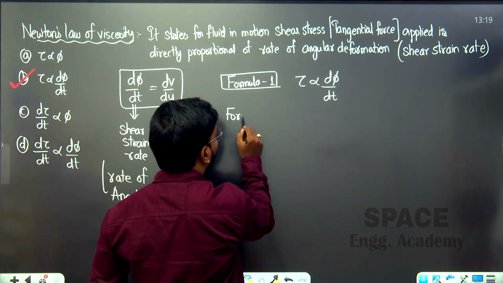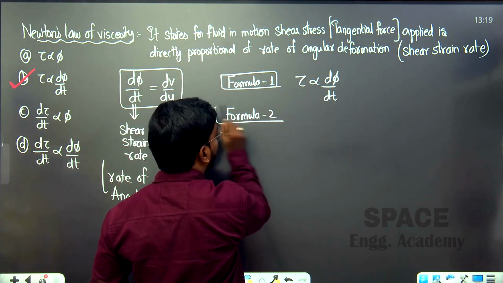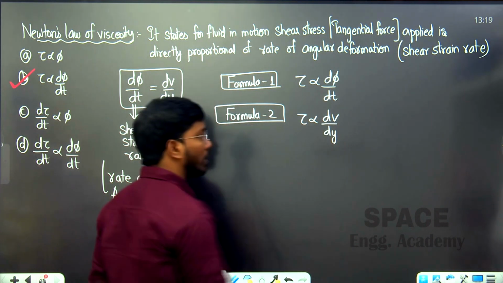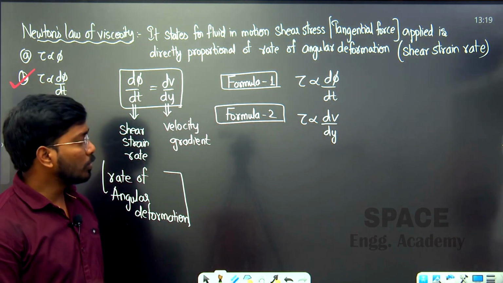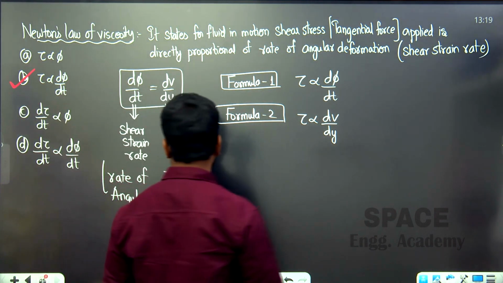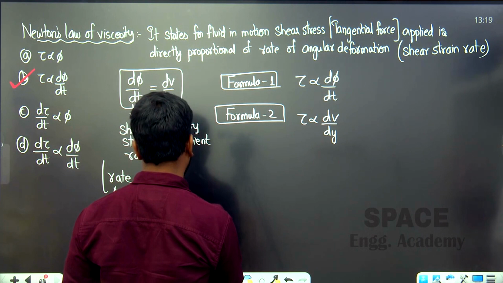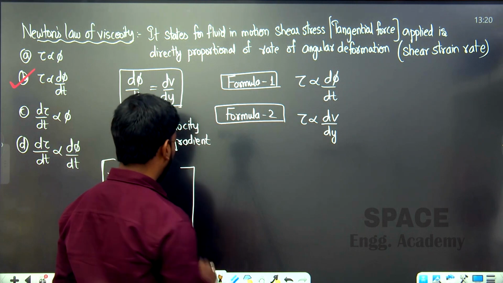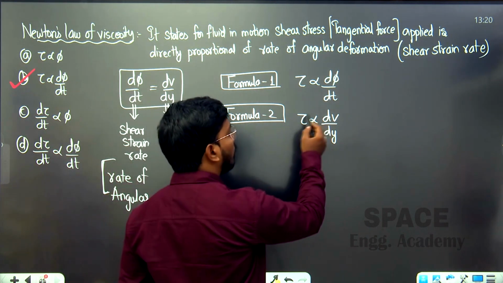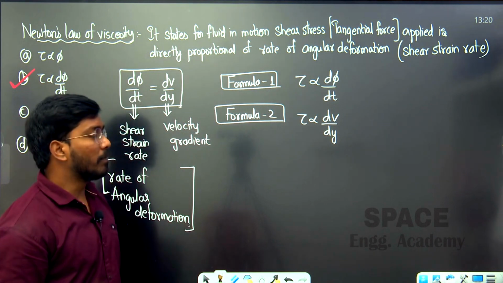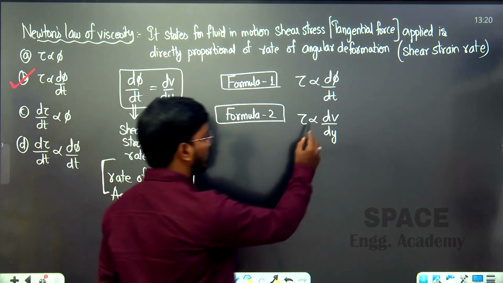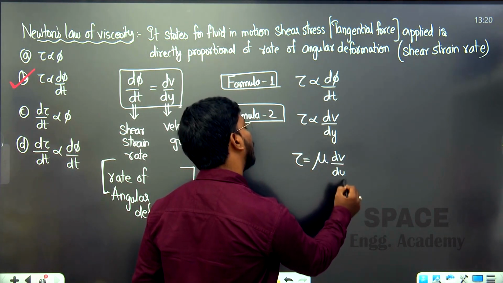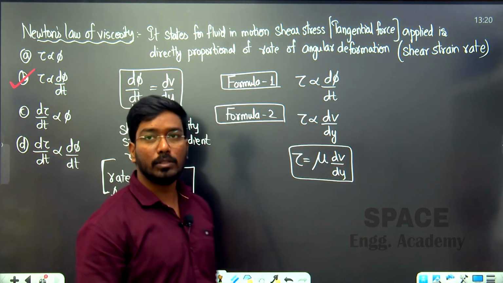Formula number 2: replacing the rate of angular deformation with the velocity gradient, tau is directly proportional to dV by dy. Then the proportionality sign goes away and you need to put a constant. So tau equals mu dV by dy, as I told you in the previous slide.